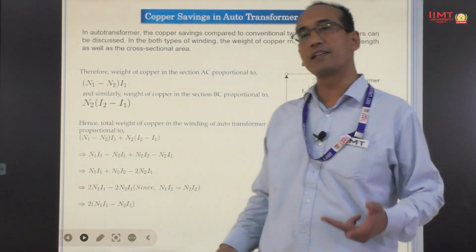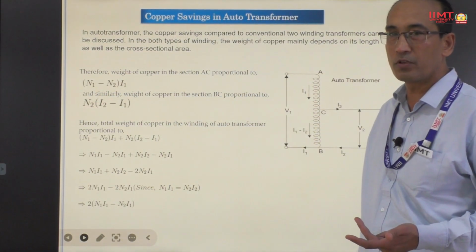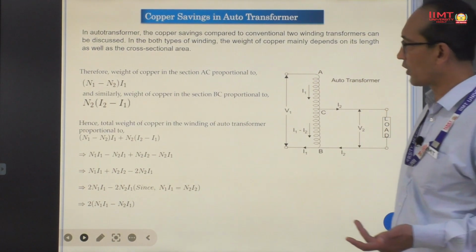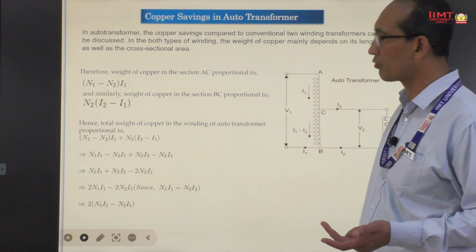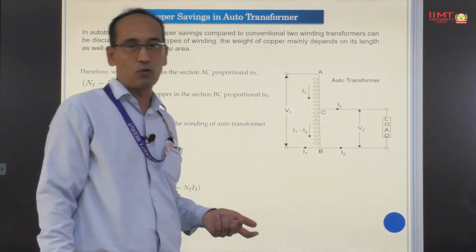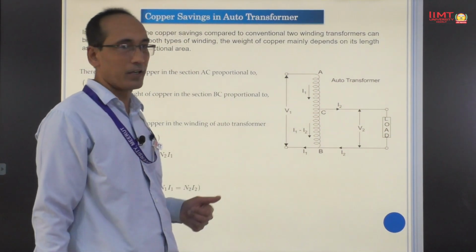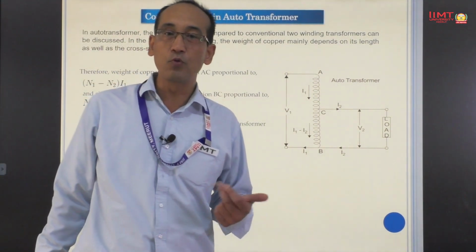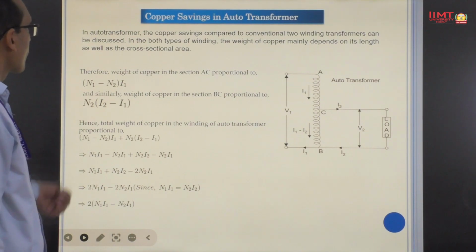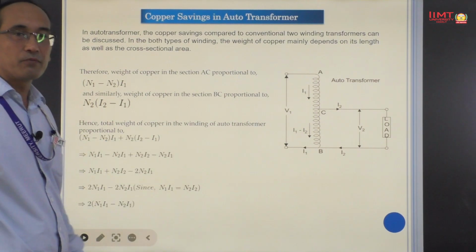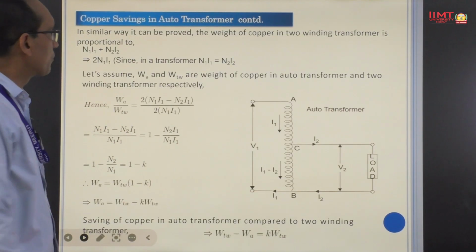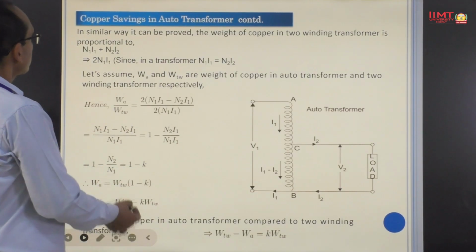Obviously, we have a single winding in case of auto transformer if we compare with the two winding transformer, or we can say conventional transformer. So obviously there will be saving in winding material, or we can say saving of copper metal, and we can also prove it by some derivation. We can derive this expression to show the copper saving in auto transformer. So let us start.